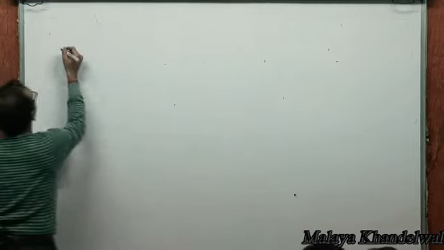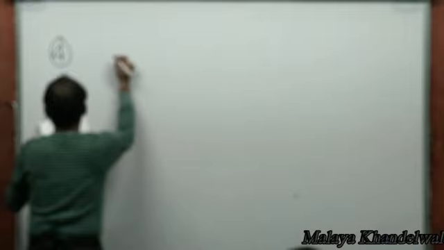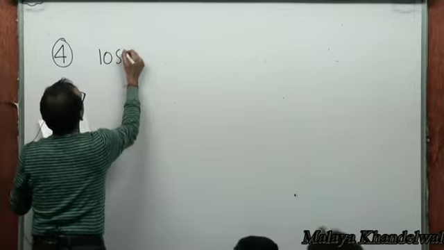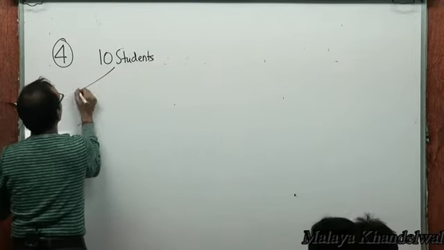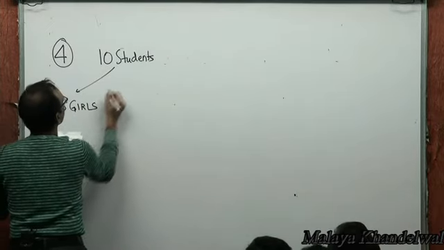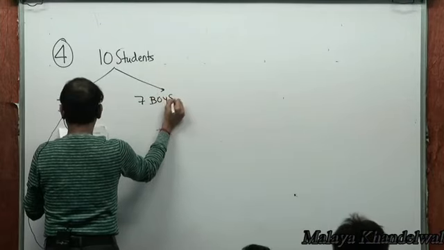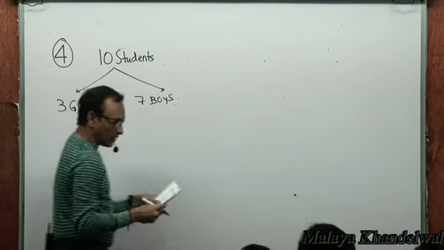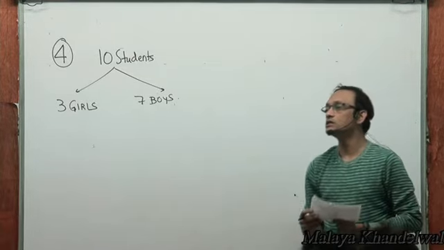Number 4. There are 10 students in a class. Three girls and 7 boys. And I want to arrange them in a row such that no 2 of the 3 girls are consecutive.